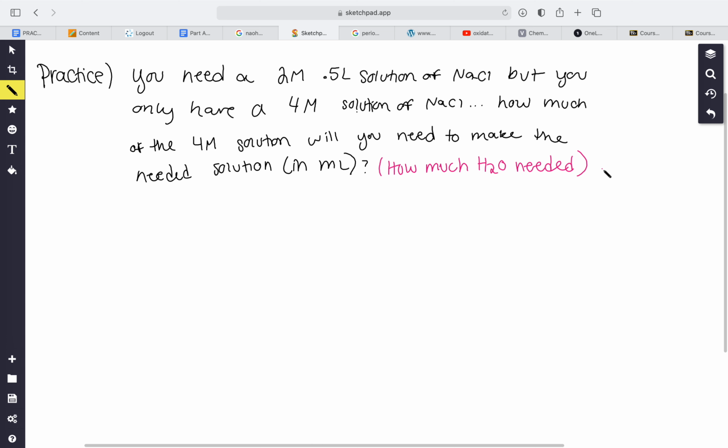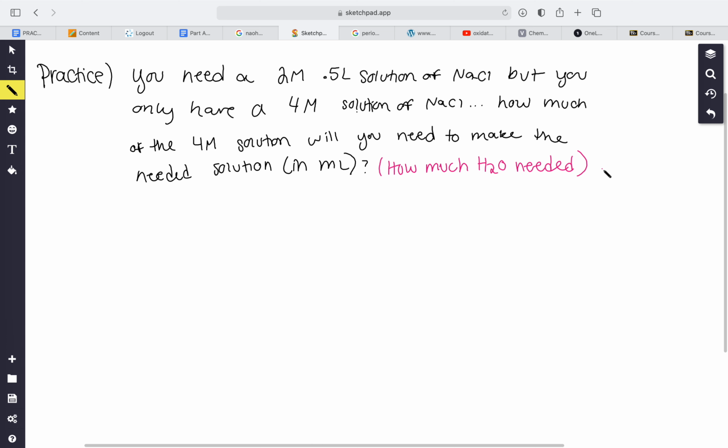How much of the 4 molarity solution will you need in order to make the needed solution? And then the tough question is how much H2O is needed to add to that in order to get that amount that you need. So you guys can pause and practice this question on your own. I'm going to be going over it in 3, 2, 1.